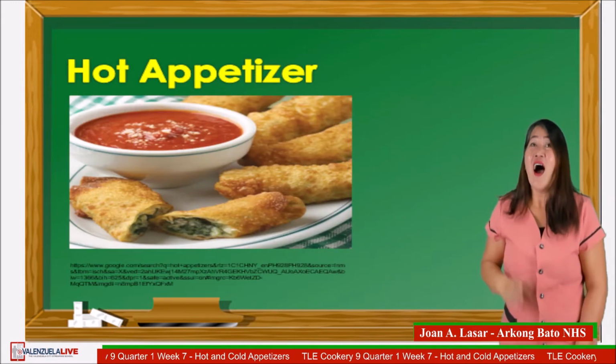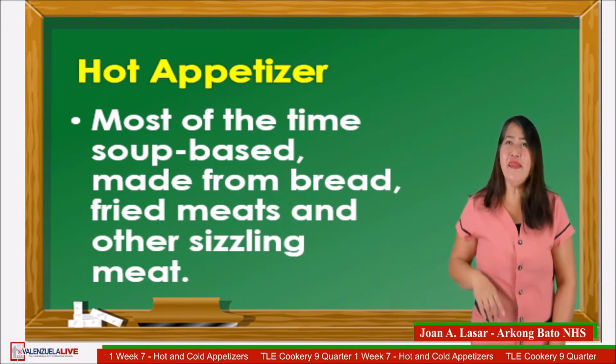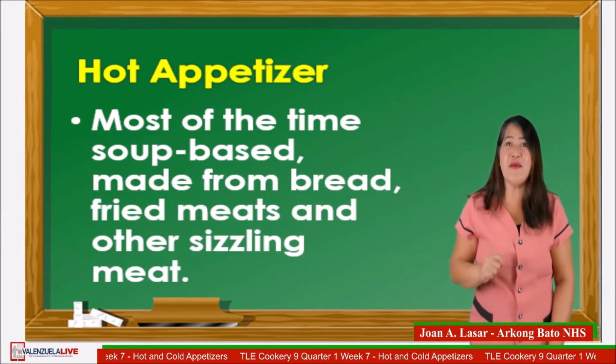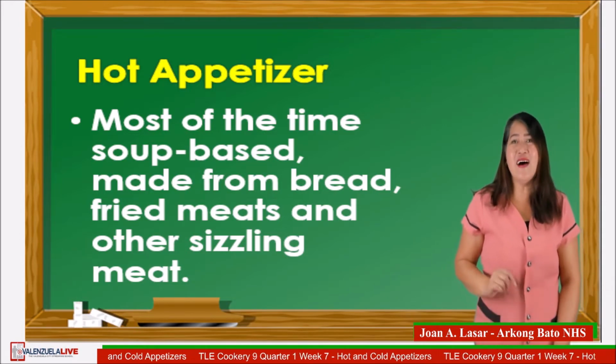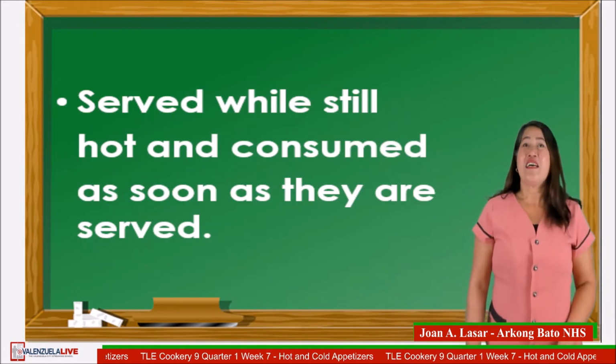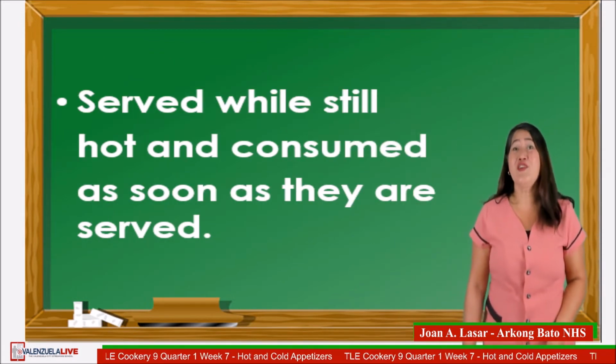Go! Hot appetizers. Hot appetizer, most of the time soup base, made from bread, fried meats, and other sizzling meat. Serve while still hot and consume as soon as they are served.